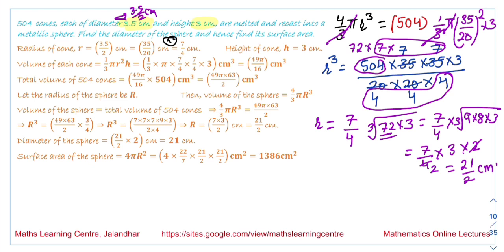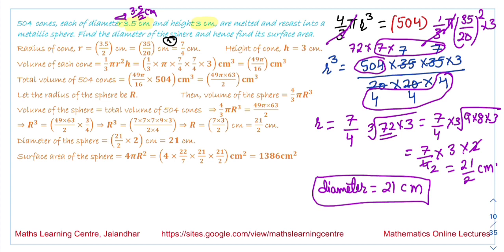So we have to find the diameter of the sphere. So the diameter will be 21 centimeters. The next thing we have to calculate is the surface area of this sphere. The formula for surface area is 4 pi r square. The value of r is 21 by 2, squared.